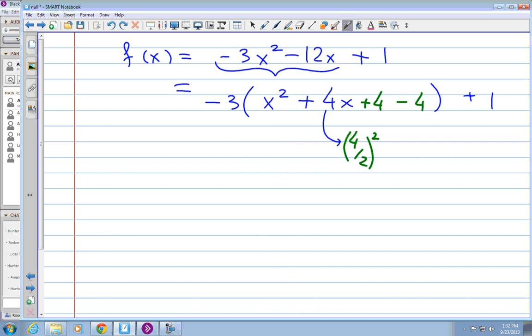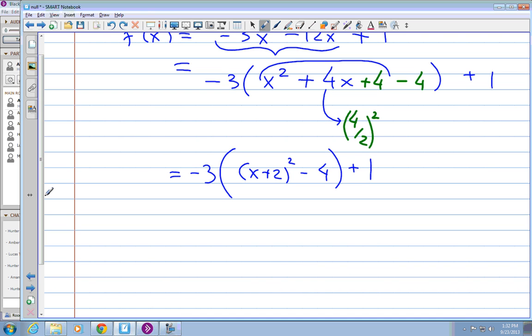So anyways, the way we finish this, the first 3 terms is a perfect square, right? So I can actually write it like this, -3 times, and I'm going to write x plus 2 squared minus 4, plus 1, like that. So x squared plus 4x plus 4 is the perfect square that equals x plus 2 quantity squared.